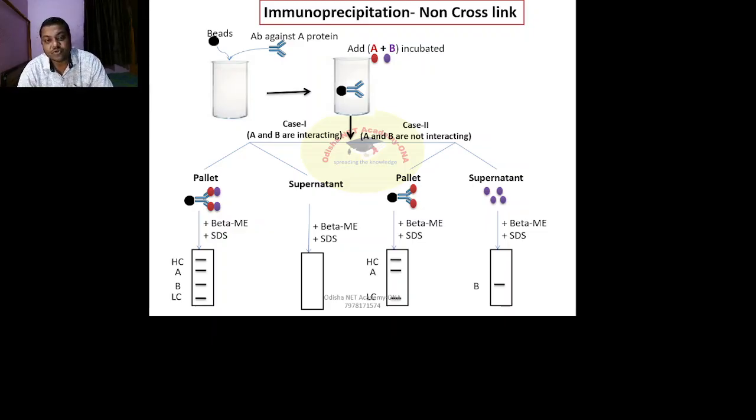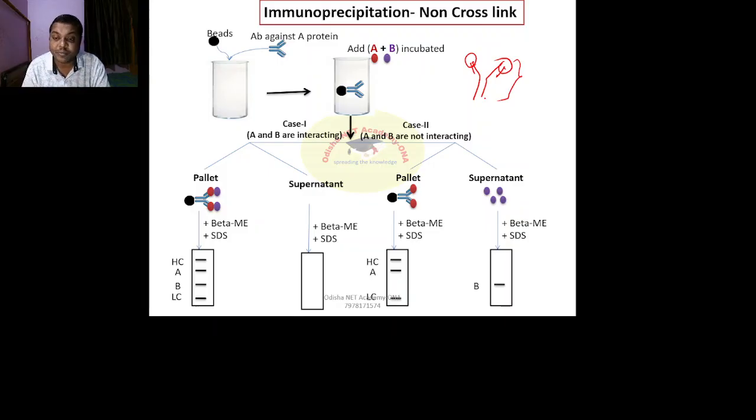So first you should know about immunocomplex and immunoprecipitation. When antigen and antibody form a complex, it is called an immunocomplex. Suppose this is the antibody, and the antigen gets attached to its corresponding antibody to form the immunocomplex.